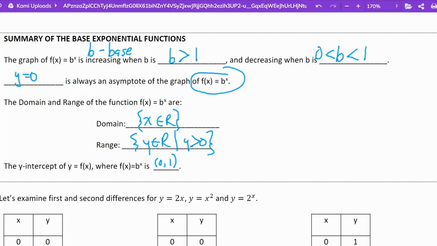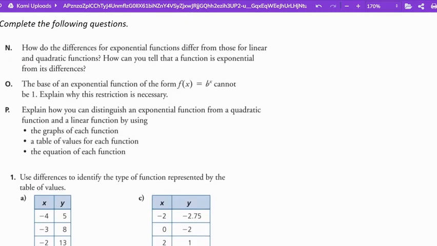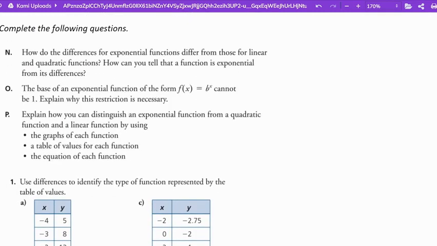So homework. For homework, you are going to complete N, O, P, but don't do this middle one.